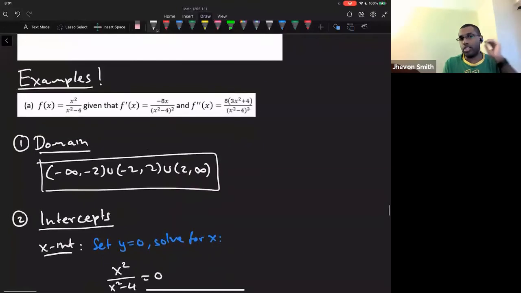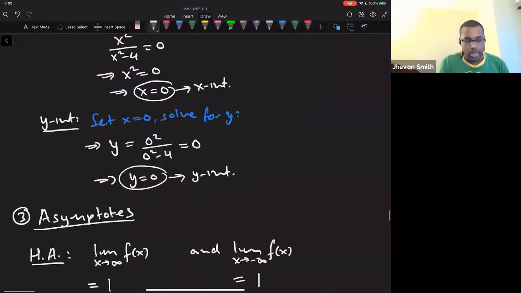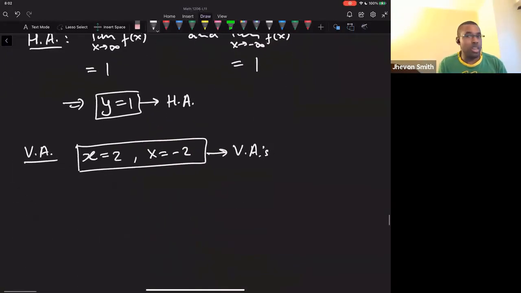Because this guy, x squared over x squared minus 4, that's reduced because you factor the denominator into x minus 2 times x plus 2. You can't cancel anything from the top. So whatever made the denominator 0 is going to be your vertical asymptotes right away.